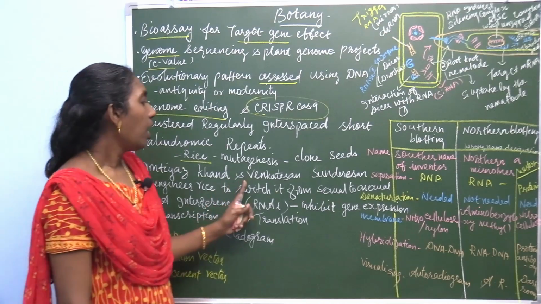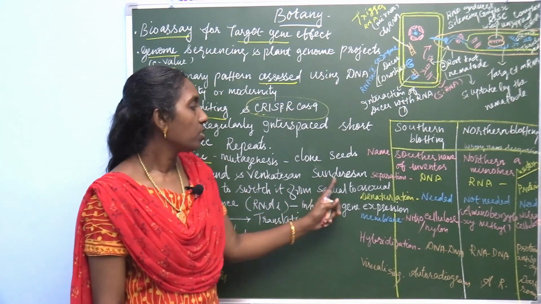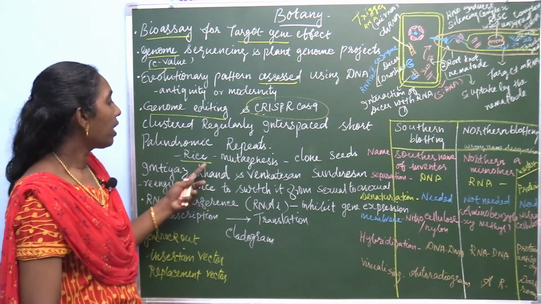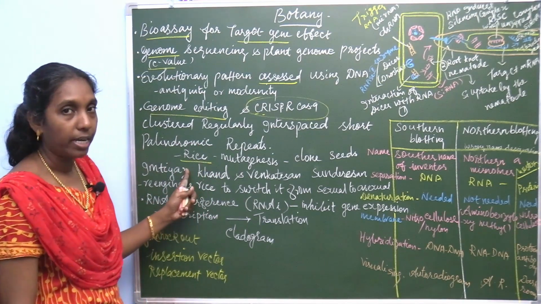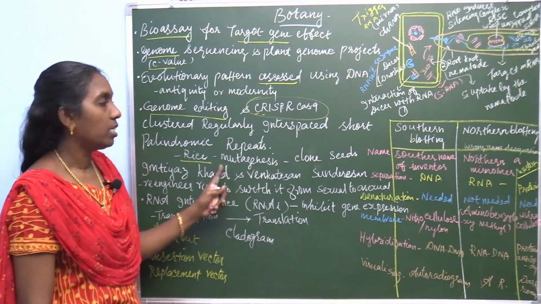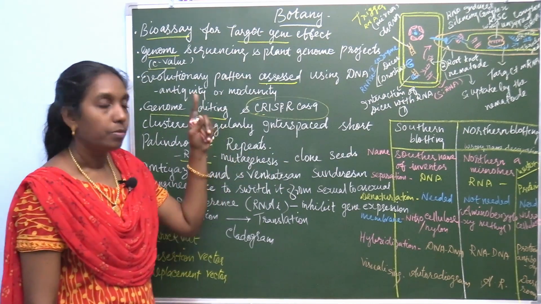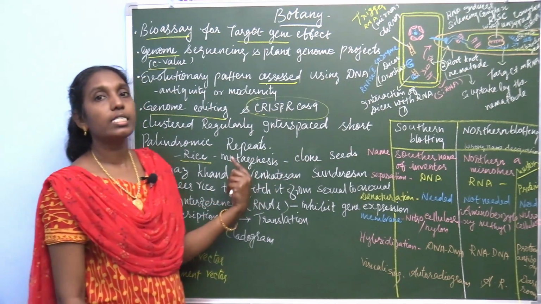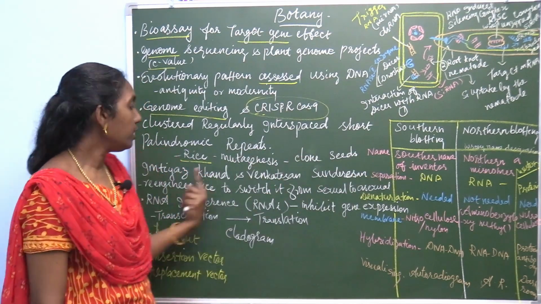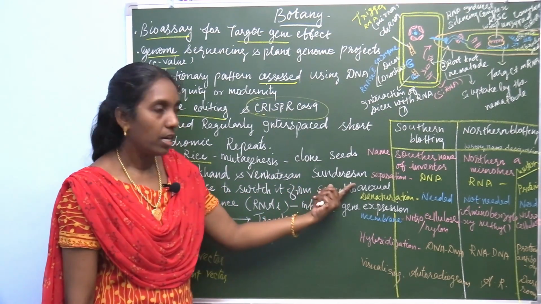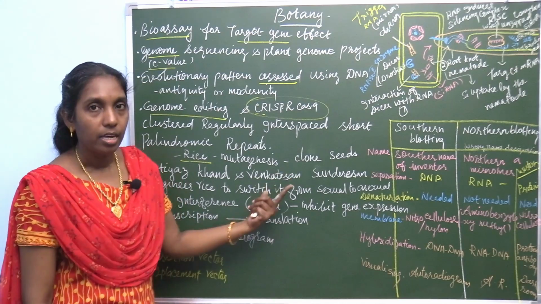Imtiaz Kant and Venkatesan Sundaresan and their colleagues worked together on the rice plant Oryza sativa, and they cloned the seeds of this rice.